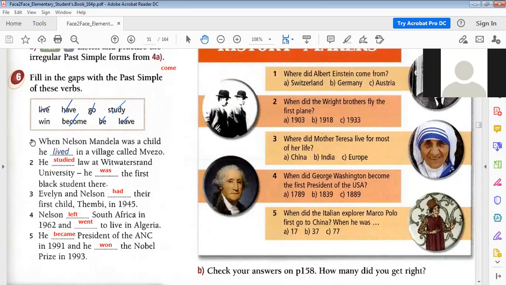Good. He became president of the ANC in 1991 and he won the Nobel Prize in 1993. Okay, good.